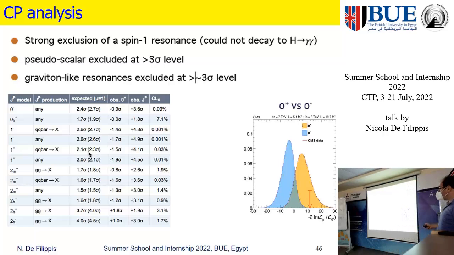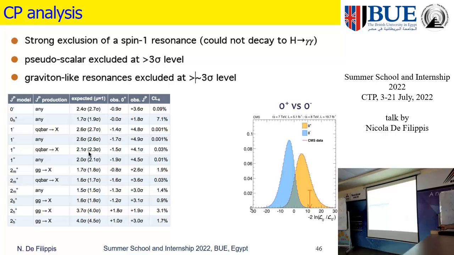All the other hypotheses of 0 minus, 1 minus, 1 plus, 2 plus, 2 minus, were all disfavored by data for more than 3 sigma.